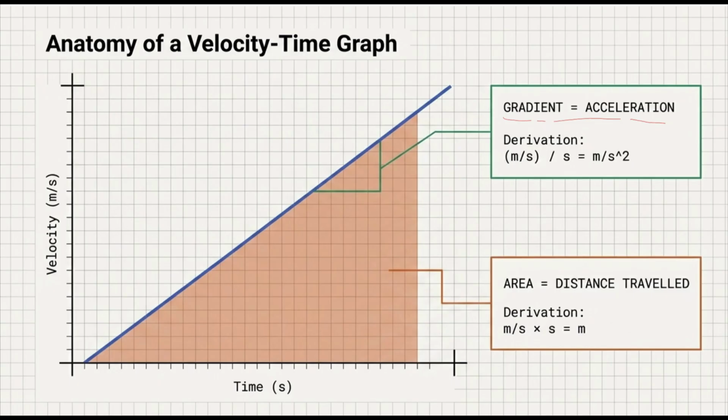A steeper slope indicates greater acceleration. So how do we calculate the slope? Like this, right? If the slope is steep, it indicates greater acceleration. Clear? Mathematically, acceleration is equal to change in velocity divided by time.